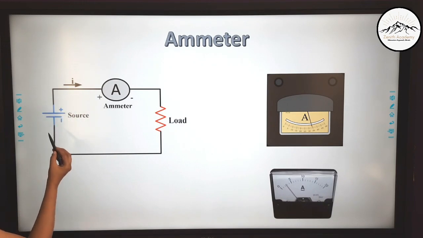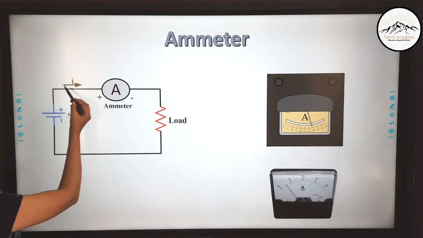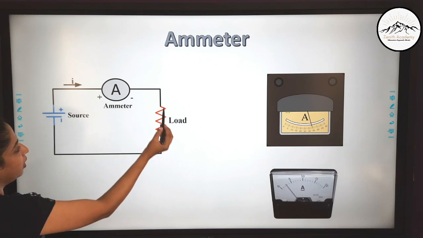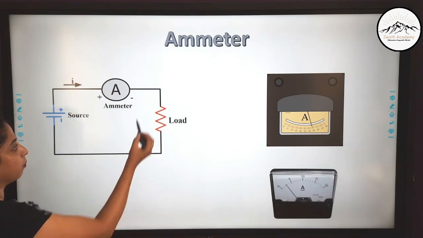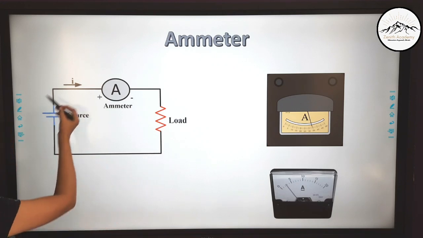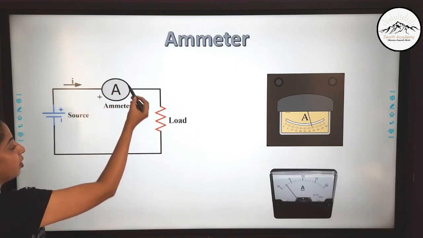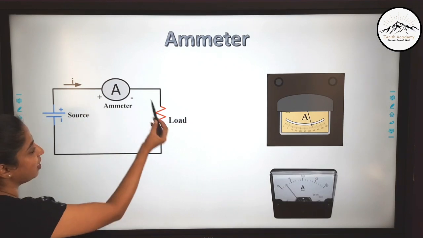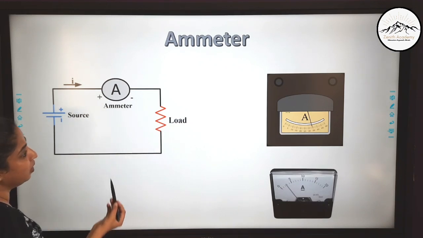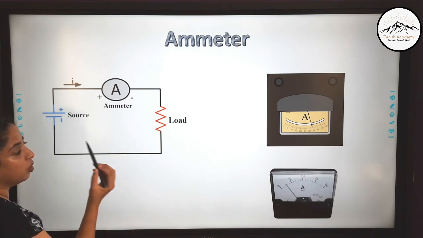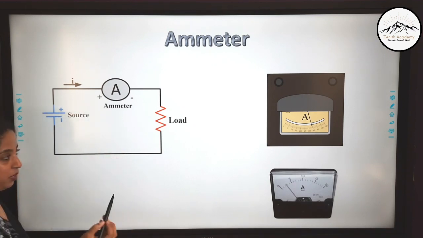This is the source, that is the cell or a battery from which current is flowing, and it is going into the load. Now the load can be anything like your bulb, fan, anything, and hence the current is flowing in this direction. Here we have attached the ammeter in series, and that is why it is recording the current that is flowing in the circuit, and it is noting down the current in amperes.